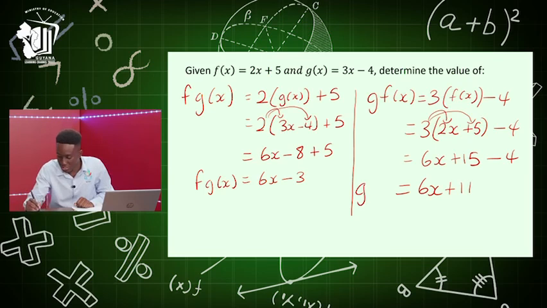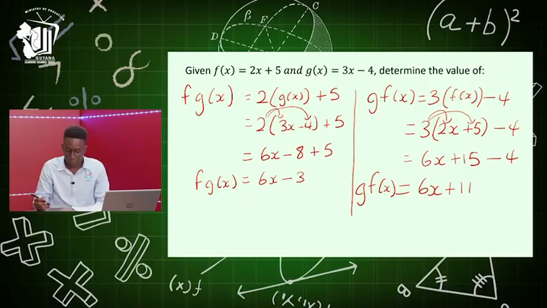So gf of x would give me 6x plus 11. And as we can see, the function fg of x is not the same as the function gf of x. So we need to be careful when we are doing our substitution. We must remember, whatever function is on the outer part, we're putting that function in the inner part.